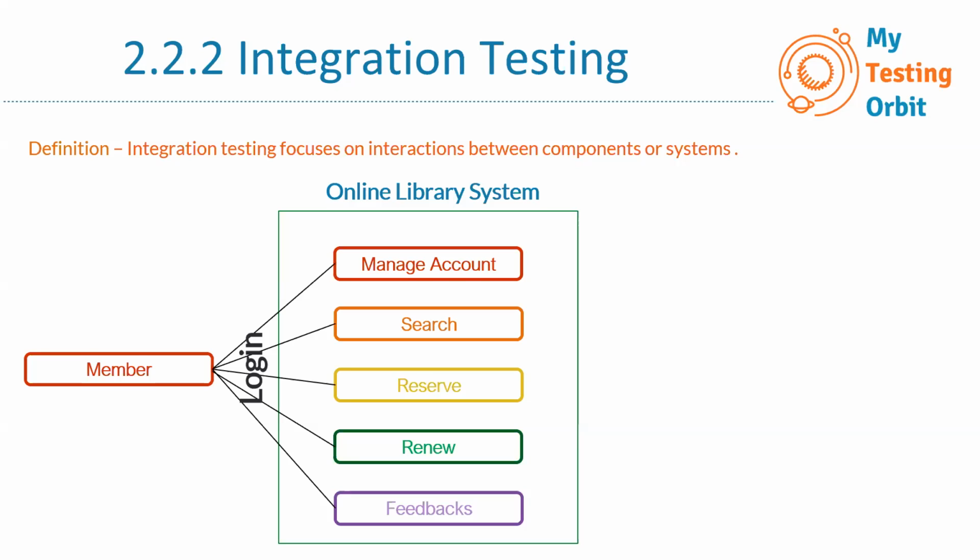After login, you have different features accessible. You can manage your account, you can search for a book or a magazine, or maybe CDs and video content. You can also reserve any material, or renew an existing book, and you can also provide some feedback. So this is a very simple online library system.